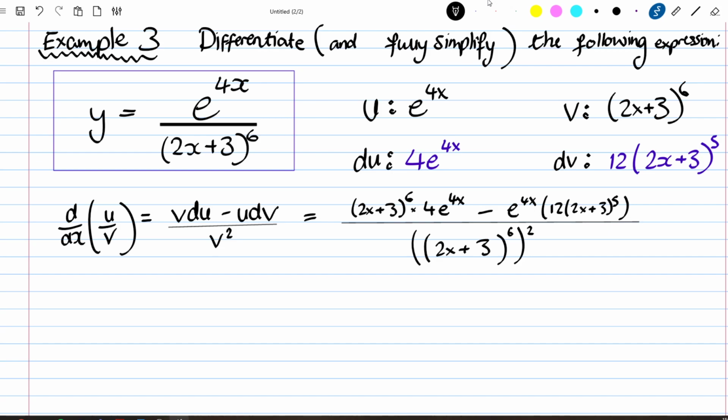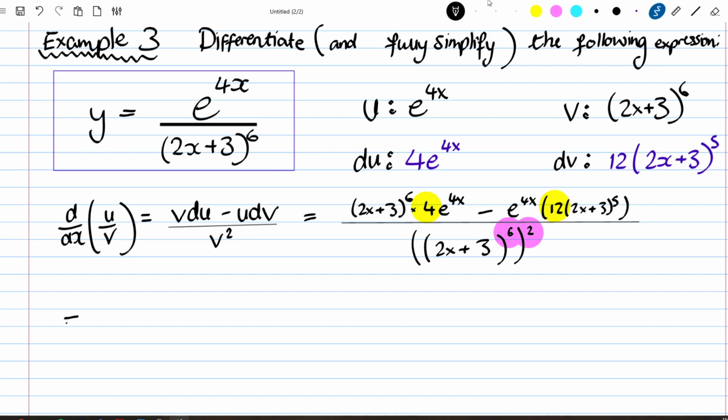Okay, so this is perfectly fine at the moment. It does look a little bit messy though, so hopefully we can simplify that a bit more. What I'm going to do initially is bring these constant terms to the front and maybe get rid of some of these extra brackets that I have. I've also got a power of 6 squared, and using the rules of powers, I can multiply those together, so I should get a power of 12 on the bottom. Let's do that initially.